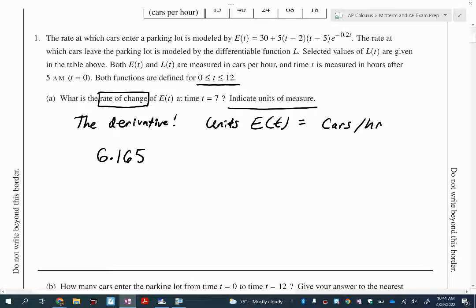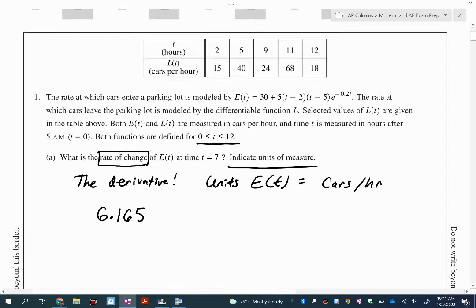Okay. So if we do a derivative, a rate of change, do you know what that's going to do to these units? Because it's got to be different than cars per hour. It doesn't flip it, it throws on another per hour. Why is E of t cars per hour?